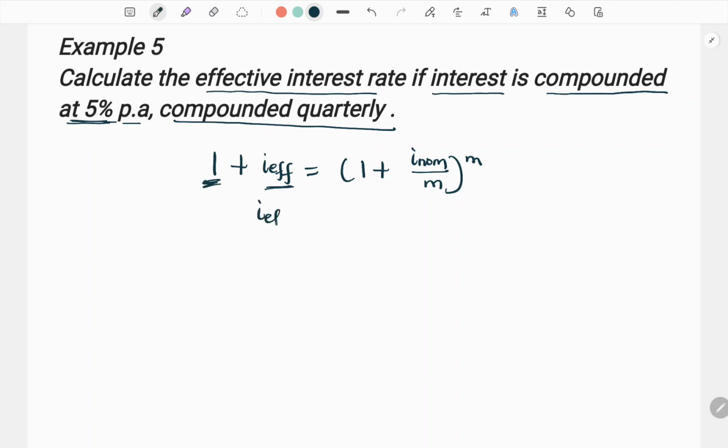So it's going to be i effective is equal to 1 plus, what is your nominal? It's 5%. So it's going to be 5 over 400, because quarterly means you divide by 4, exponent of 4 minus 1. Then you punch in your calculator.